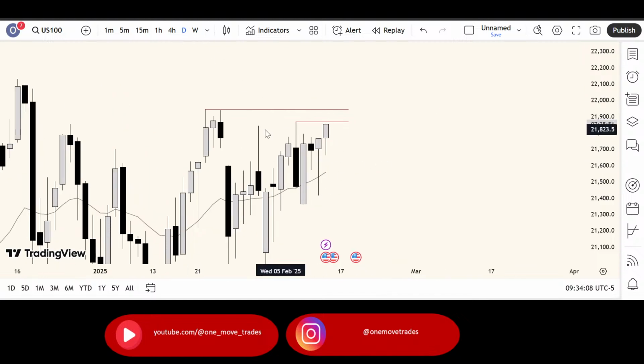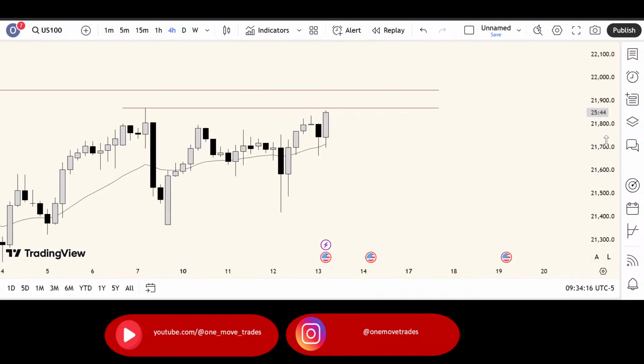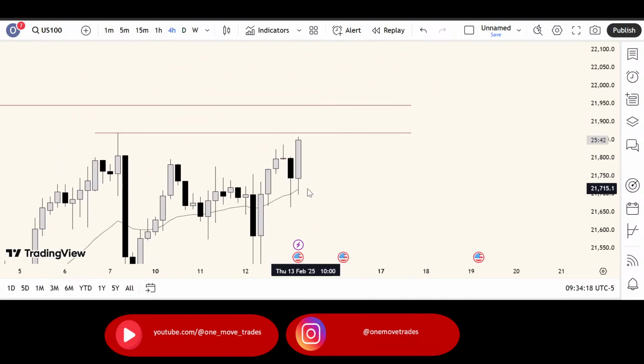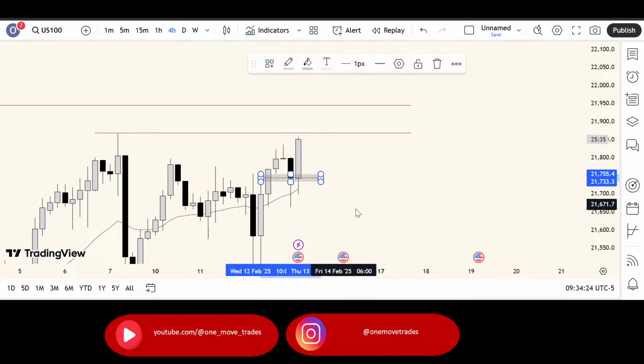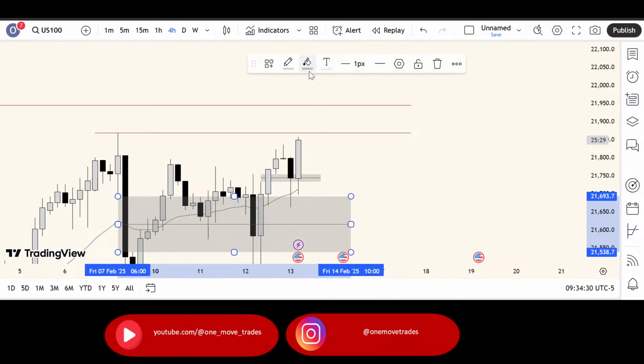We can see that on daily we have rejection from this moving average. On the 4 hour candle, we can see that we have this fair value gap. I will draw it, and we also can see that we have a support level. So this is a reversed fair value gap.